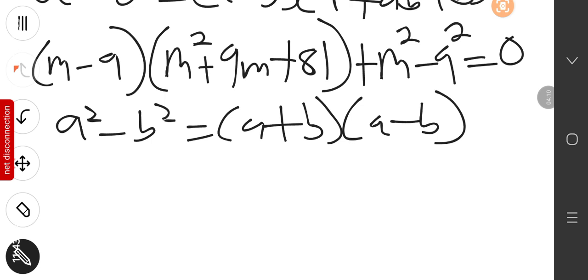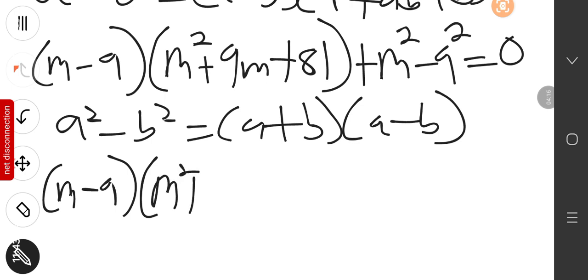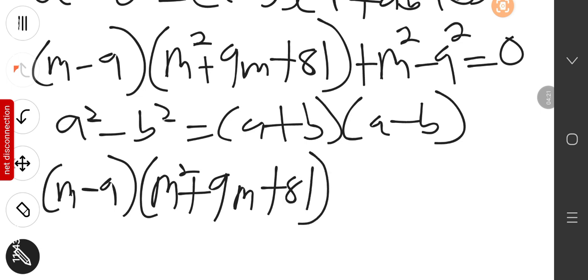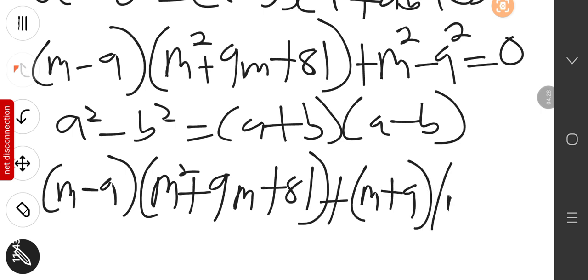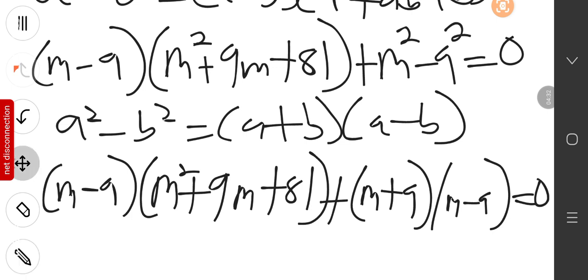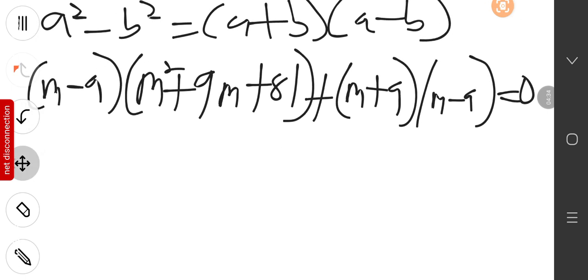So our equation becomes m minus 9 times m squared plus 9m plus 81, plus m plus 9 times m minus 9 equals 0. So you can see we've applied the difference of squares identity.